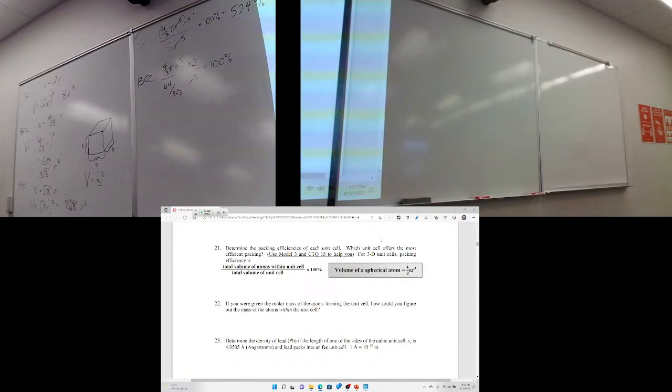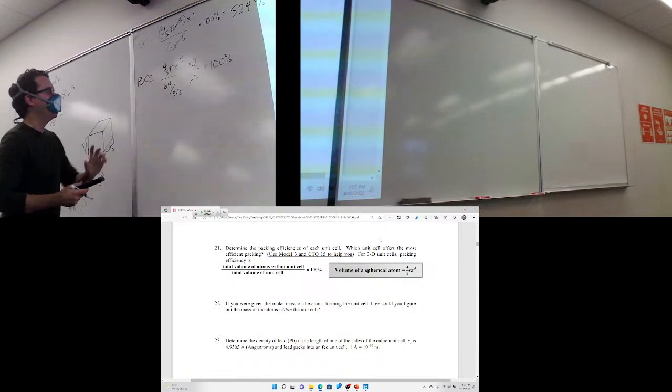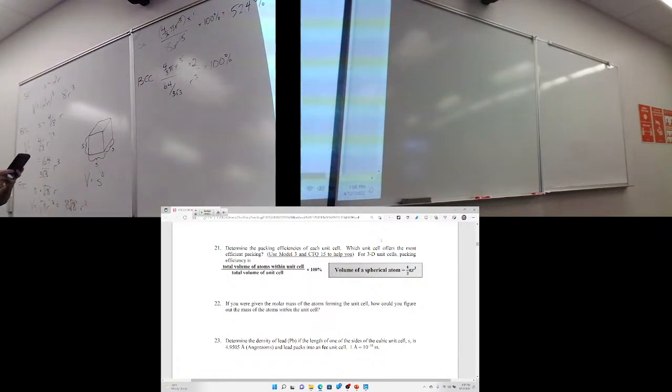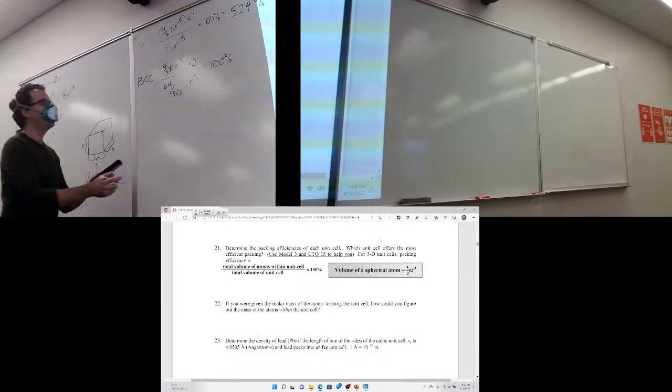You'll have to be careful how you do this. So 64 divided by 3 radical 3, which is 12, and if I do the numerator divided by the denominator, there we go, I get 68%.